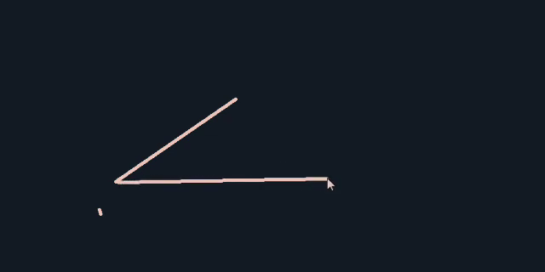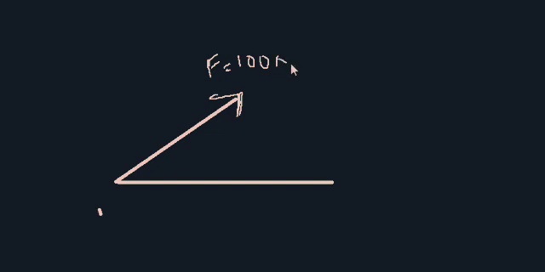So to simplify, if you draw a line showing a force, and suppose your reference line is here, then you have a force in this direction, say F equal to 100 Newton, and that is your angle.